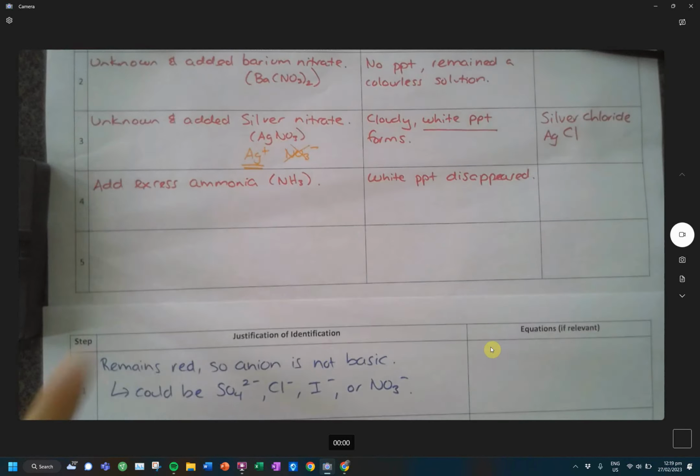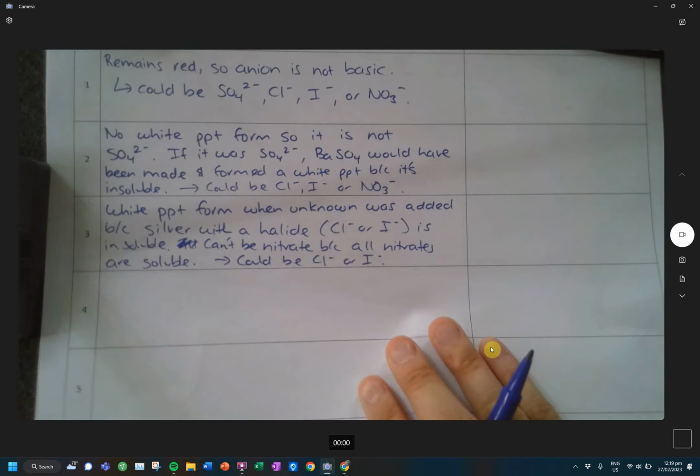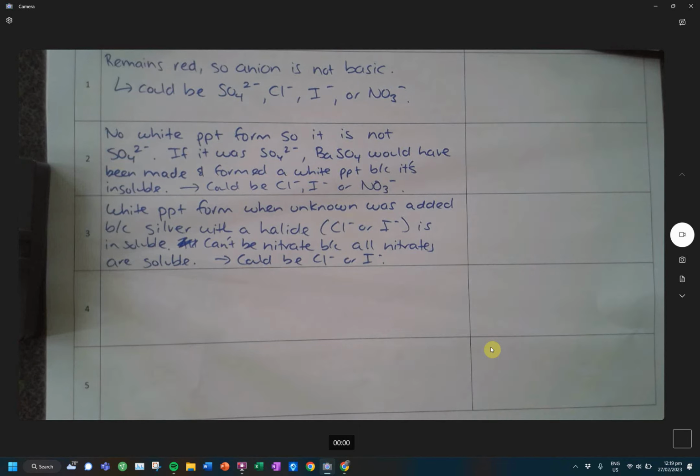Then step number 4, I added excess ammonia and that white precipitate disappeared. This justification is actually up to the excellence level, so explaining why. The reason that white precipitate disappears is because a complex ion forms, and those are soluble again.